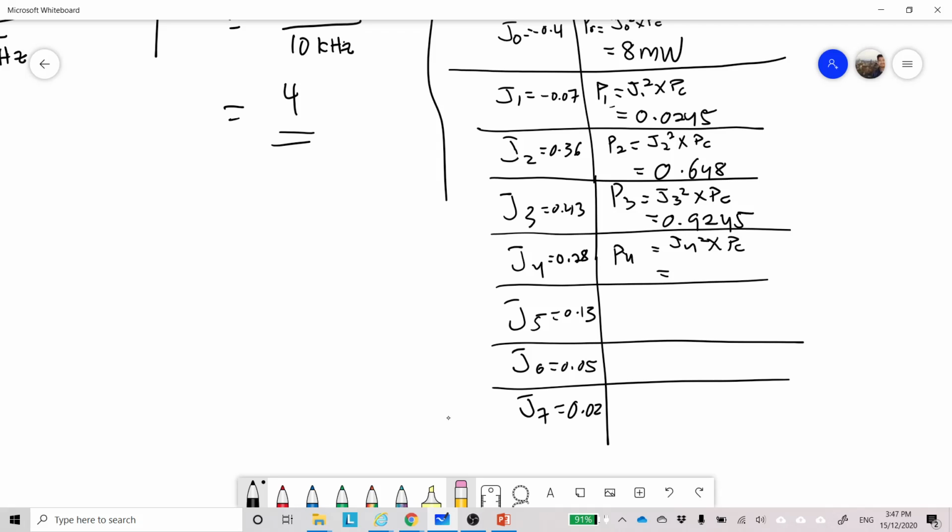So 0.28 square darabkan dengan 5, 0.5. P5 equal to J5 square darabkan dengan PC.